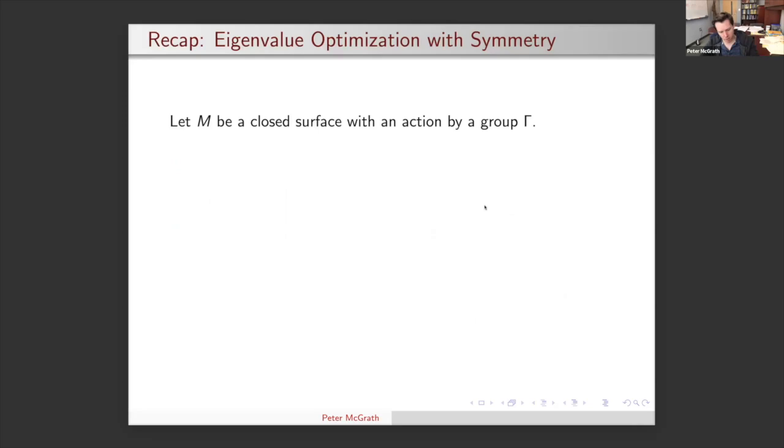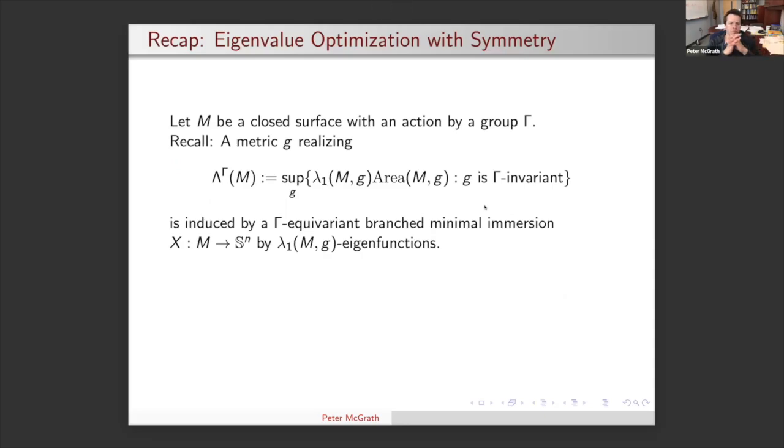And I'd like to maybe connect this with the story Daniel was telling last week about the eigenvalue optimization, and at least describe some of how we get the geometric conclusions, some of which he alluded to last time. So maybe to very briefly recall some of what Daniel discussed. If one looks at this quantity here, one fixes a closed surface and a group action, called gamma here, by a fixed group.